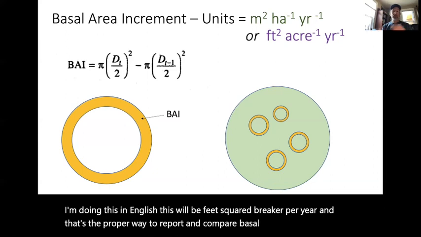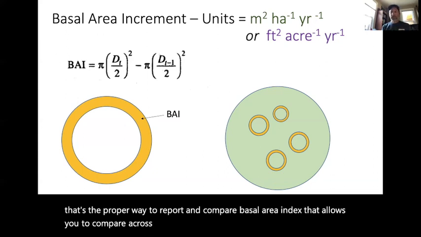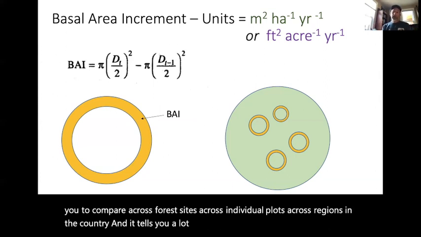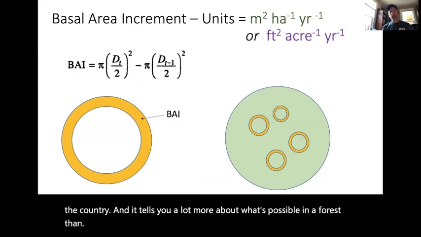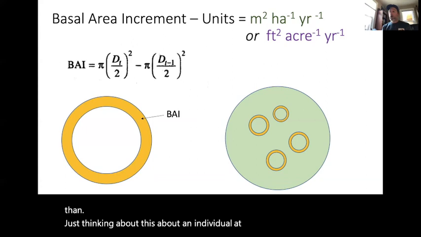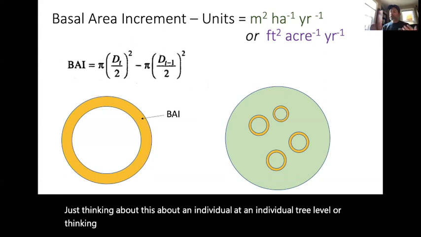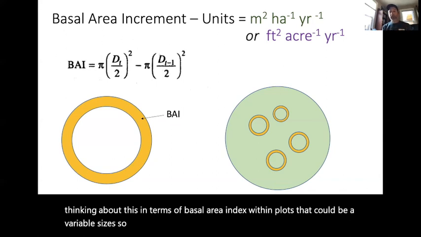That allows you to compare across forest sites, across individual plots, across regions in the country, and it tells you a lot more about what's possible in a forest than just thinking about this at an individual tree level, or thinking about this in terms of basal area increment within plots that could be of variable sizes. So we've standardized everything so it's comparable across sites and across time.